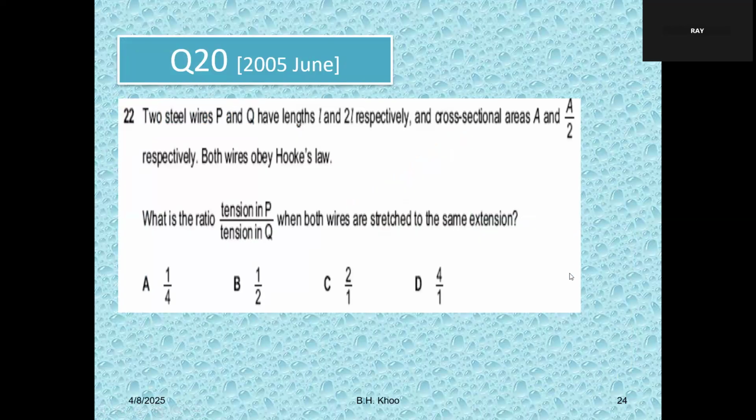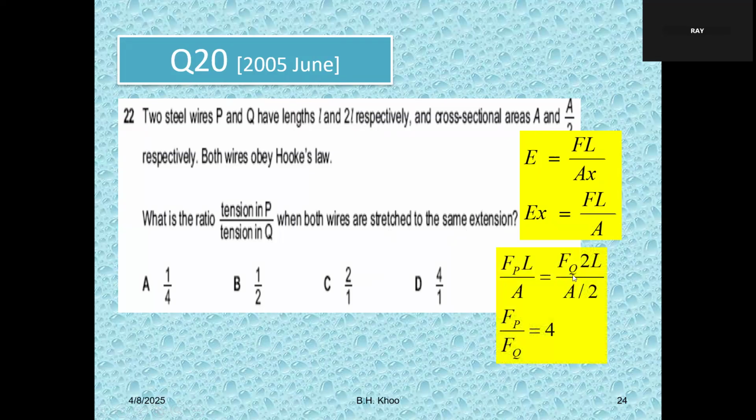Try this one. Maybe with the formula, that's all. Same material, same Young modulus, same extension, same x. So take all the constants to one side. You got this constant. FL over A is a constant.